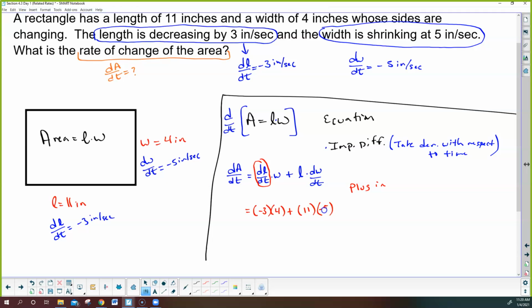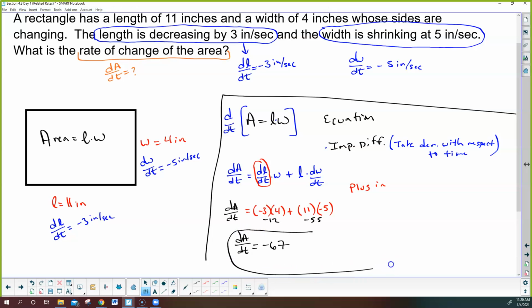That's -5. And the only thing that's left over, the only thing I don't know, is the rate at which the area is changing. Well, now it's just algebra. So here we get, this will be -12 and -55. When I add those together, I get -67.